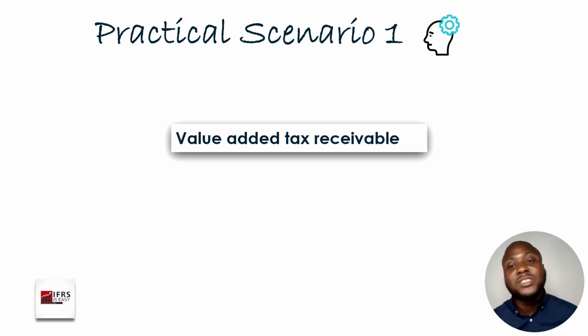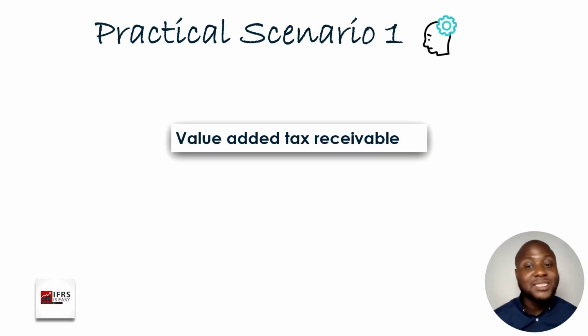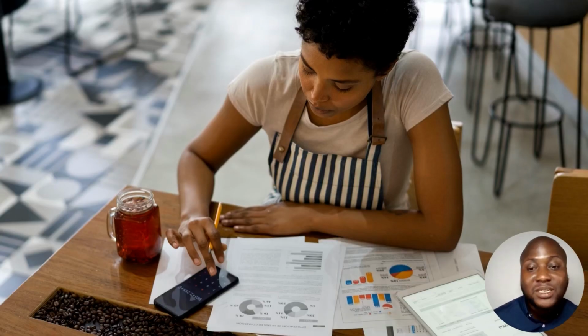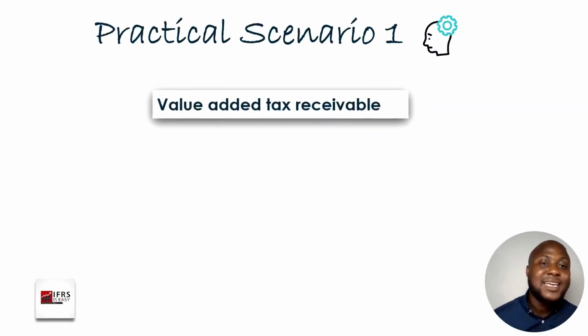So other examples like withholding tax receivable are not financial assets or financial liabilities because they are not contracts. They are statutory obligations. And our definition of a financial instrument is such that a financial instrument has to be a contract. And so our answer here is no.